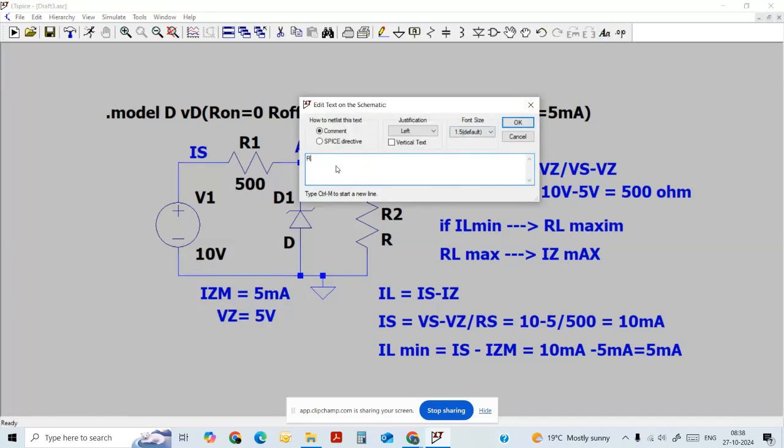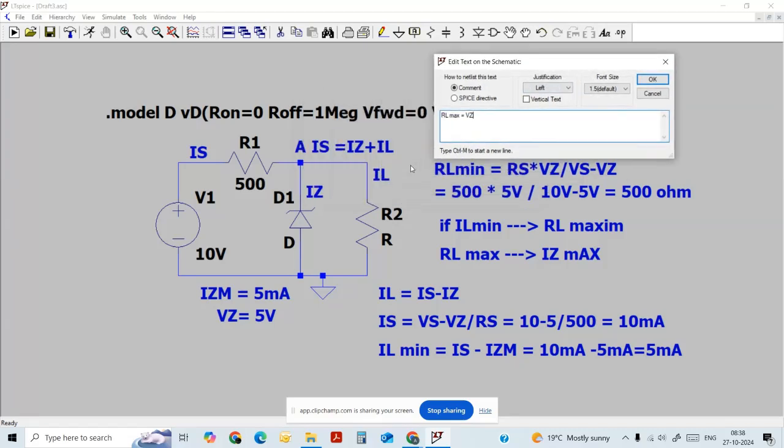So RL max is equal to VZ, the Zener voltage at this node, divided by IL minimum, because when IL is minimum, RL becomes RL max. So 5 volt divided by 5 milliamps is equal to 1 kilo ohm.